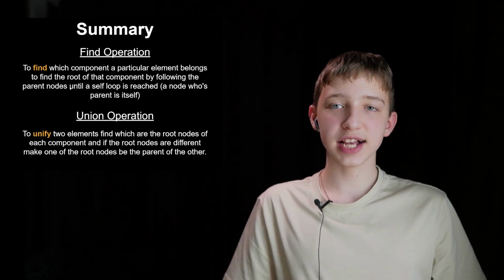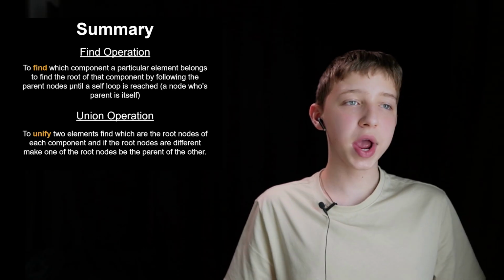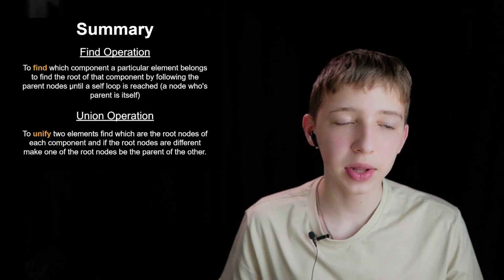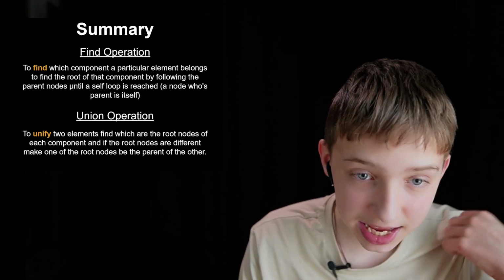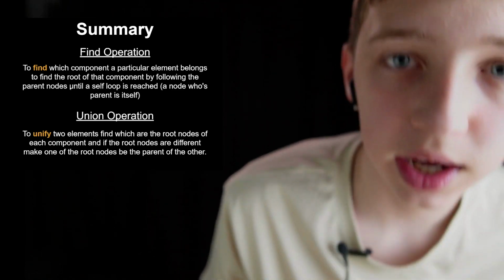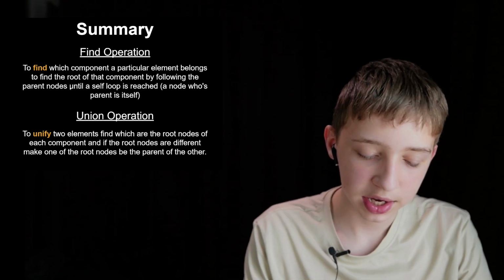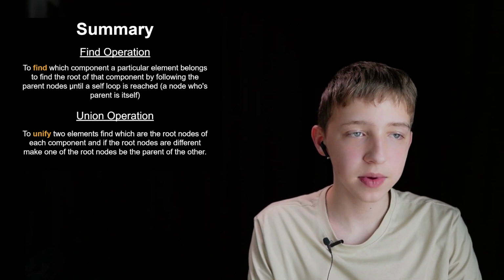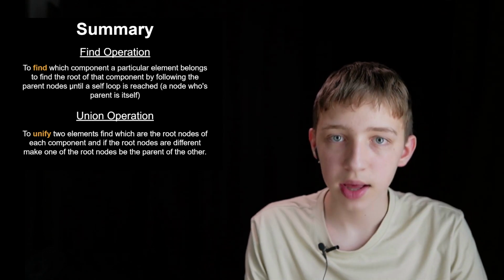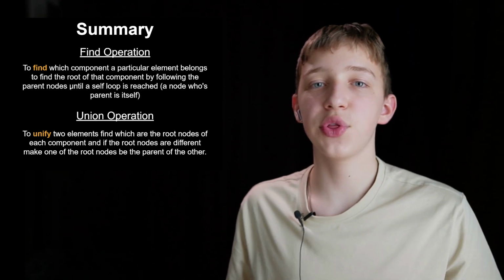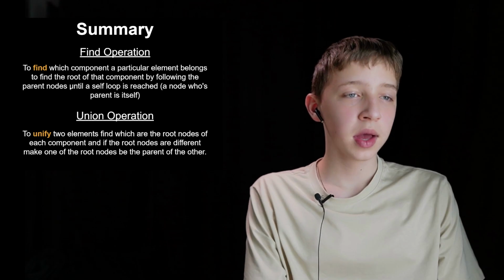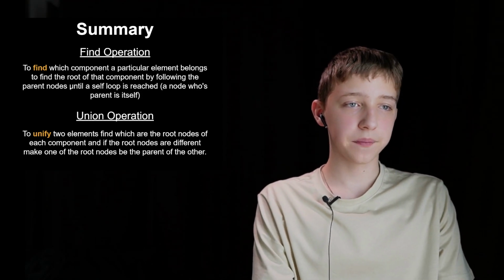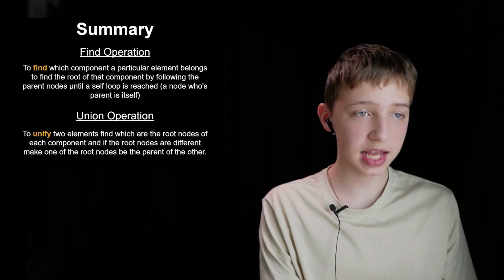For example, as in the previous example, when we reach C, and the parent node of C is C, that means we have reached the self loop element, and this element is, of course, the root node, as its parent is itself.